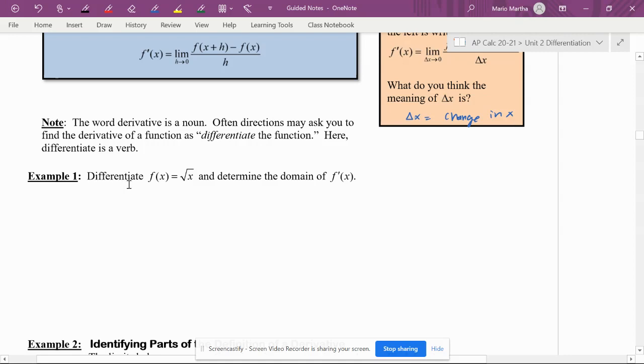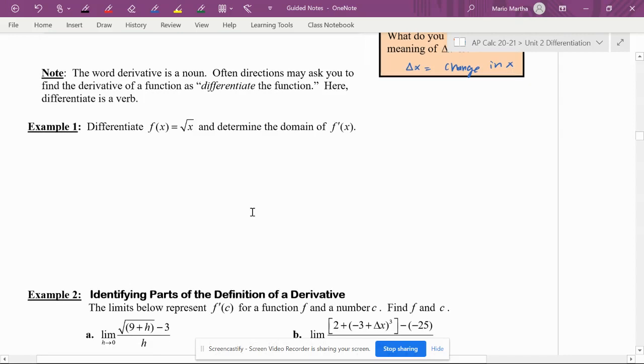Example one: differentiate f of x equals the square root of x and determine the domain of f prime of x. Again, we're going to use the definition, which is the limit as h approaches 0 of f of x plus h minus f of x over h.